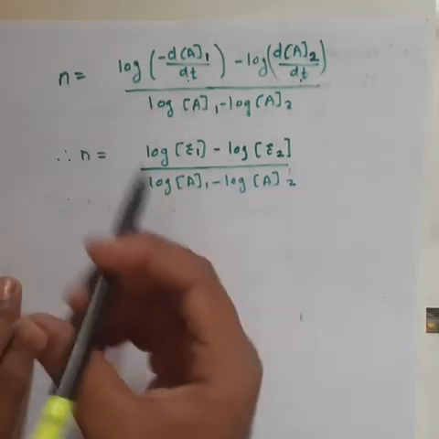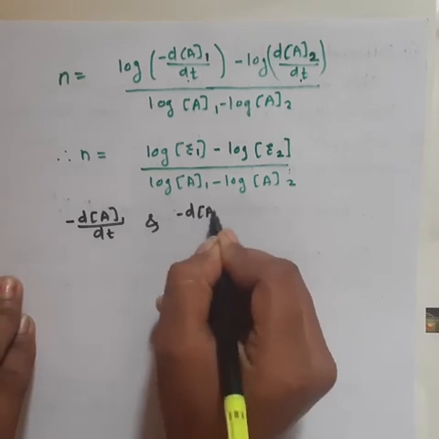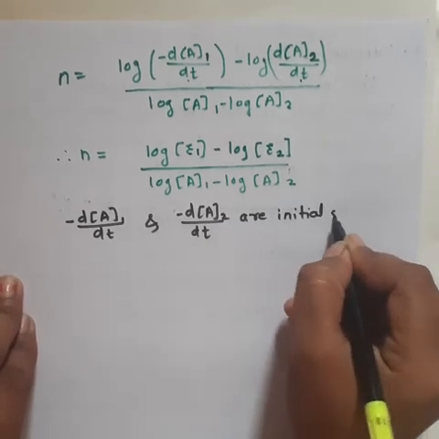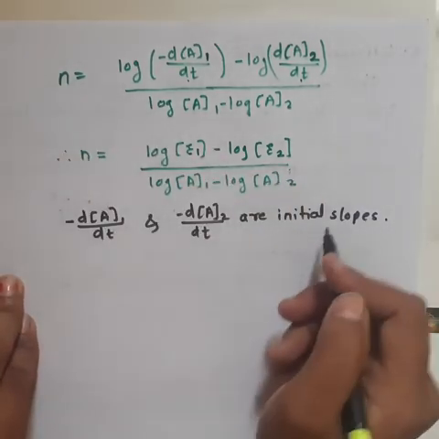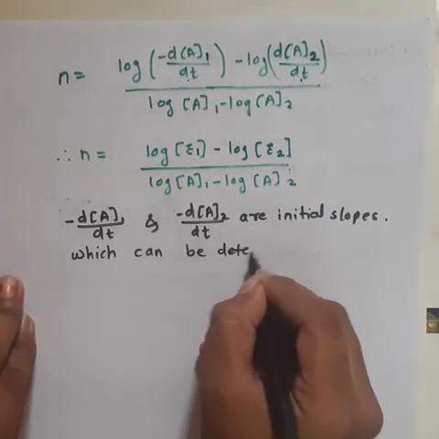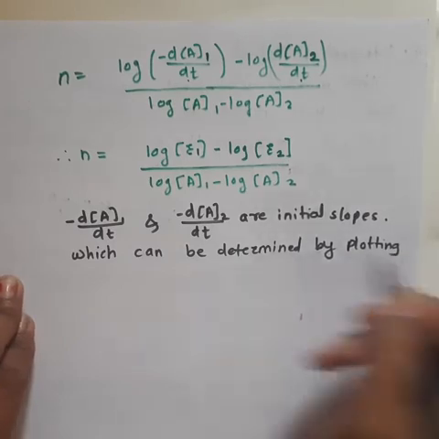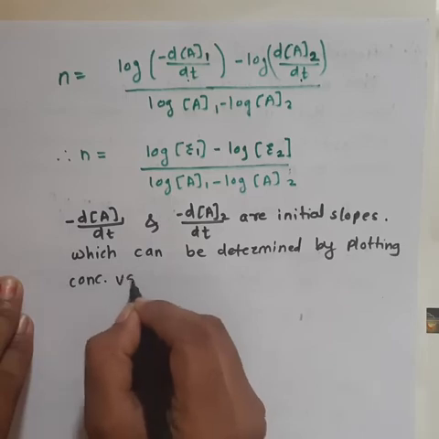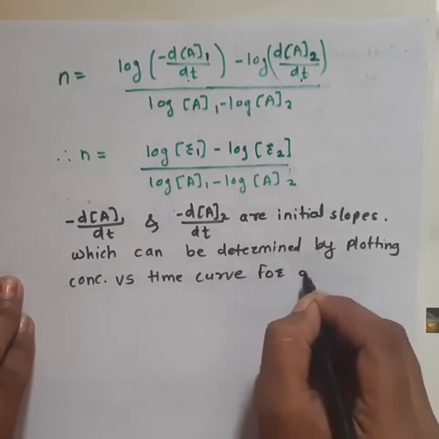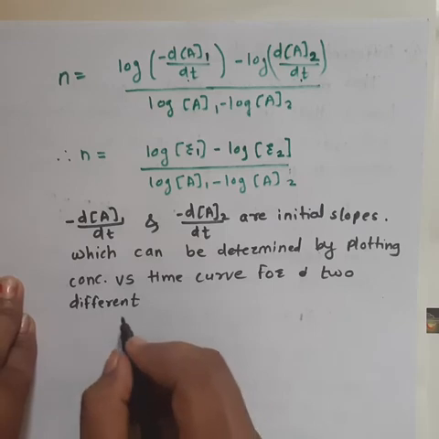Here minus dA1 upon dt and minus dA2 upon dt are the initial slopes, which can be determined by plotting the concentration versus time curve for two different initial concentrations.